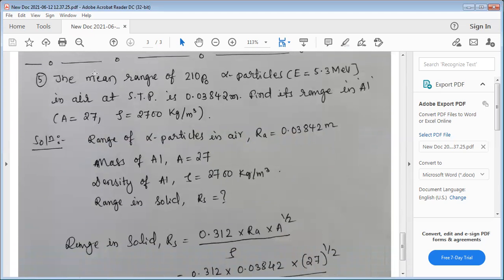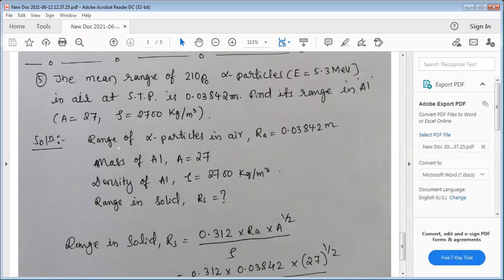We'll move to the fifth problem. The mean energy of the polonium 210 alpha particle having the energy 5.3 MeV in air at STP, that means at standard temperature and pressure, is this much, and find its range in aluminum, given that the mass number of aluminum is 27 and the density of aluminum is 2700 kg per meter cube.